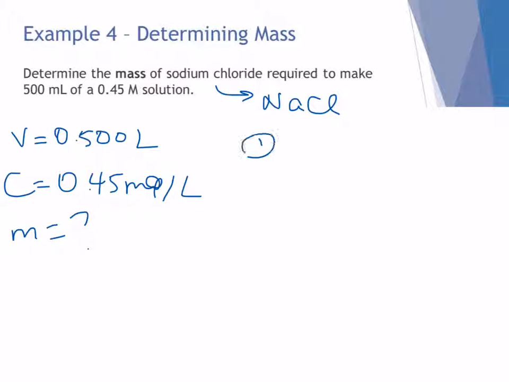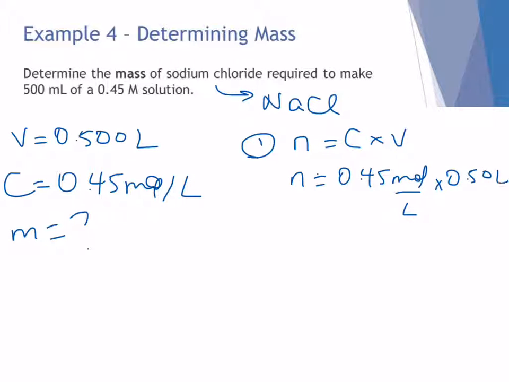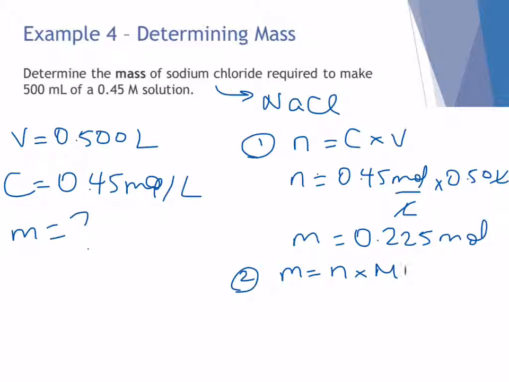So first, we're going to figure out moles by doing our concentration times our volume. And so we get 0.225 moles. And then we're going to calculate our mass by doing moles times molar mass.